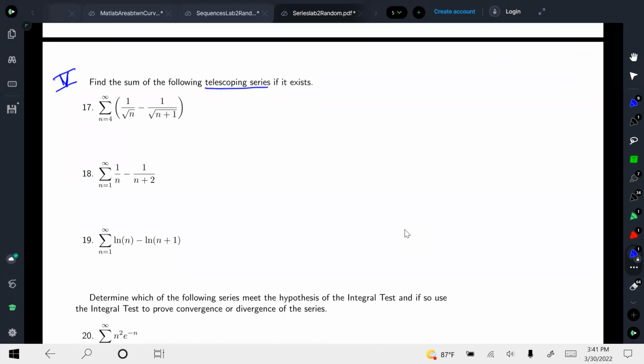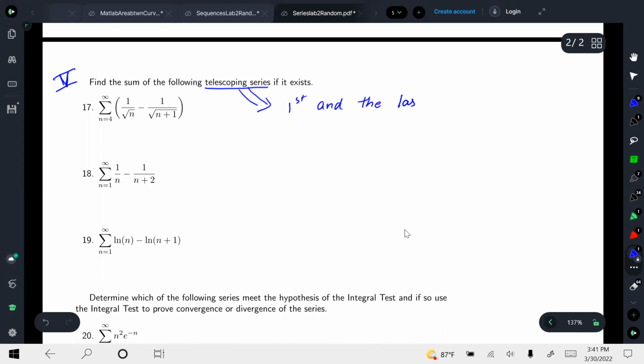Now, in this type of series, the first and the last terms are the only terms that remain when expanded. Okay, for example, let me take the sum of 1 over n plus 1 minus 1 over n plus 2.